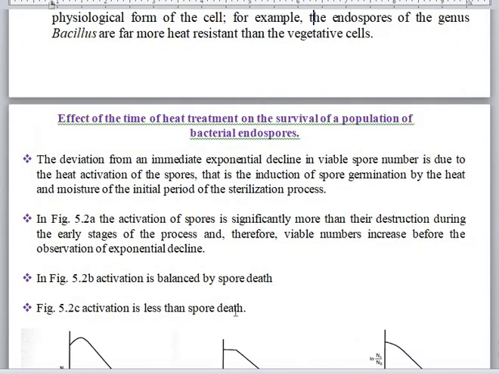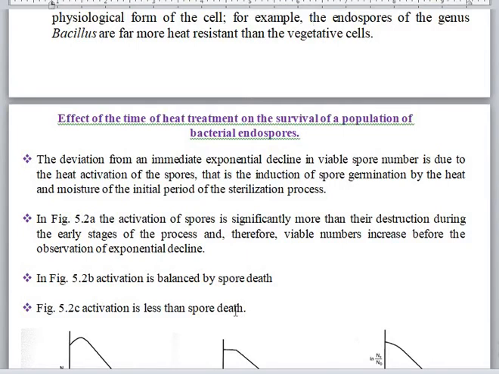Now, the effect of the time of heat treatment on the survival of a population of bacterial spores. Here you can see that the deviation from an immediate exponential decline in viable spore number is due to the heat activation of the spores. That is the induction of spore germination by the heat and moisture of the initial period of the sterilization process.